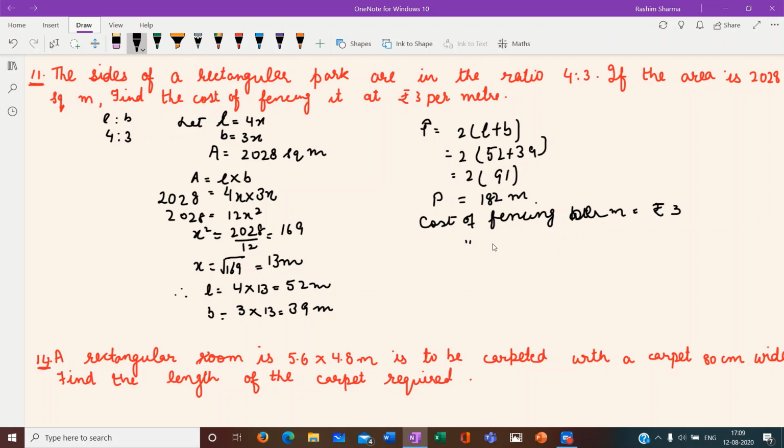Now we have 182 meter, that is equal to 182 into 3, that is rupees 546. This is the cost of fencing that we are getting.